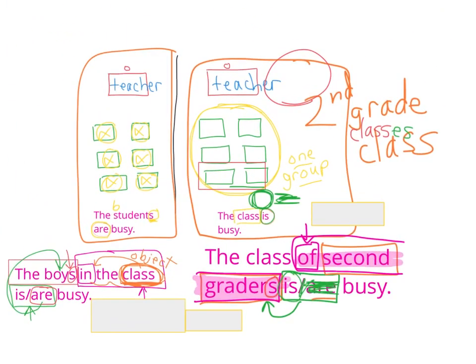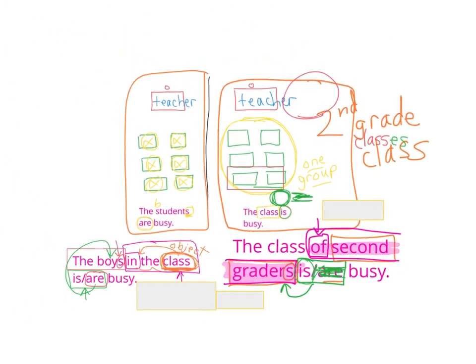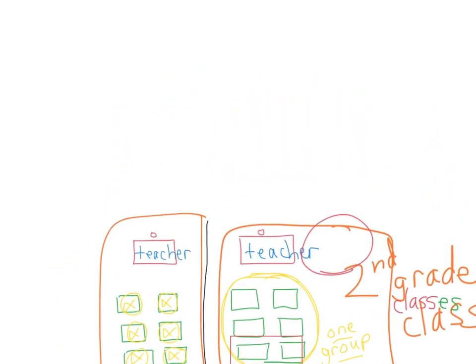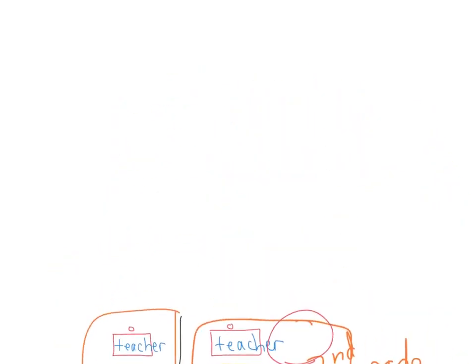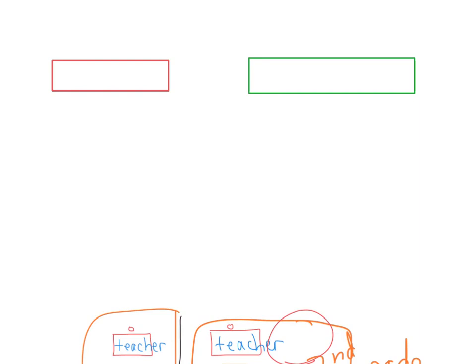So that is one way where a prepositional phrase can be a little bit tricky, if it is in between. If we have our subject and then here's going to be our verb, and in the middle we have a prepositional phrase, that can get a little bit tricky. We do know that the first word over here is going to be the verb, and that the subject is going to be over here.